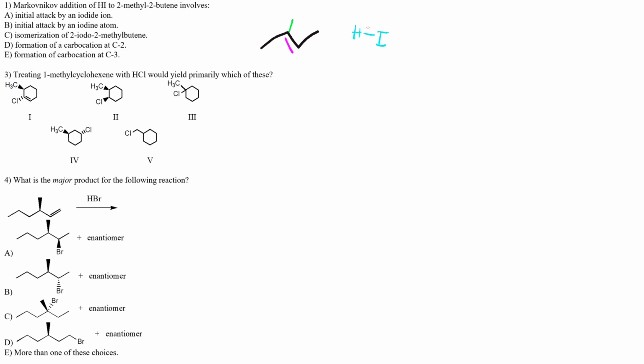Well, what happens here is that the bond breaks, releasing this hydrogen, and this double bond is electron-rich so it can act as a base, right? So it can accept this hydrogen. So we pick up this hydrogen, and what we have now is this methyl group right here, and a positive carbocation right here.